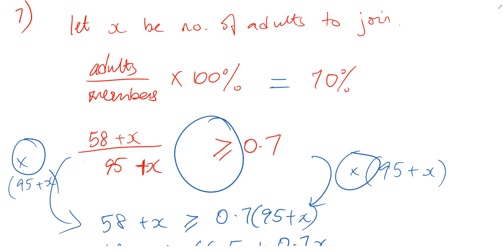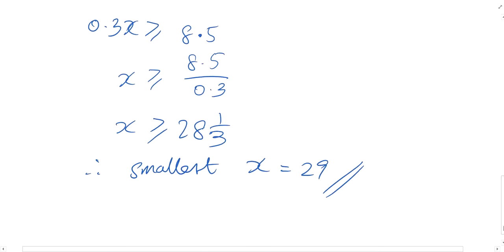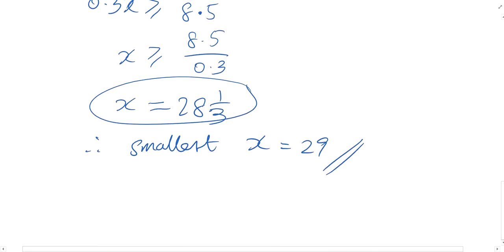Because you see, after you do this, x is the number of adults to join. So you change all of this to equal. We get to the last step, x equals 28 and 1/3, right? So if I go back to our assumption, you are saying that the number of adults to join is equal to 28 and 1/3. Can you have 28 and 1/3 person? You cannot.